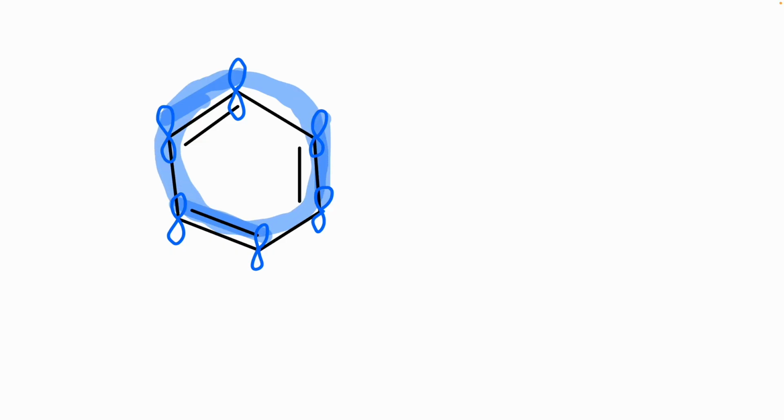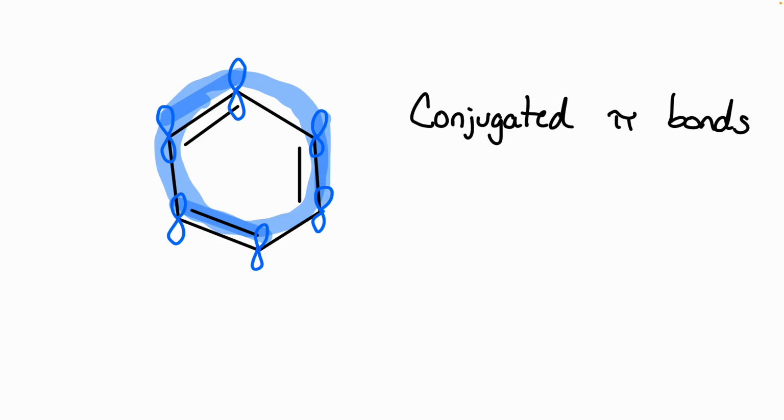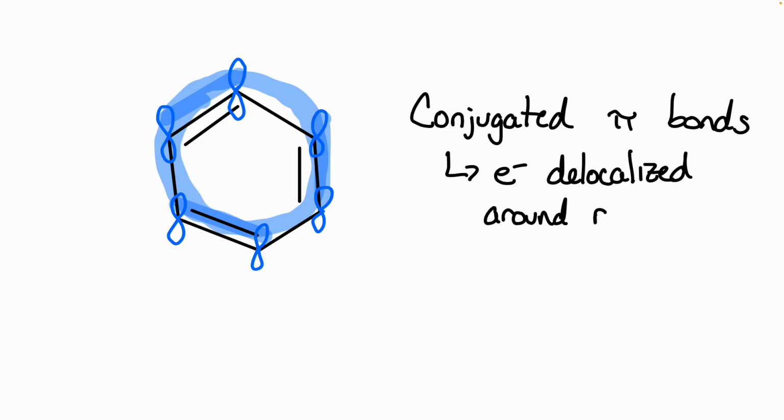So just like before with our conjugated pi bonds, these conjugated pi bonds mean that the electrons are delocalized around that ring.